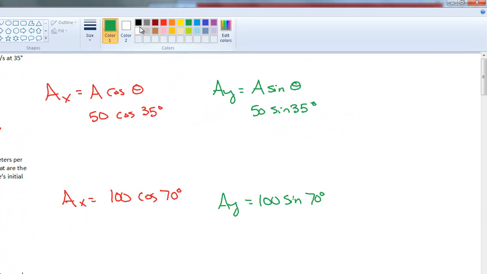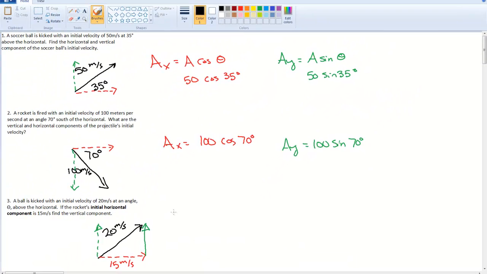So in the end, I can just say that the initial squared is equal to the horizontal squared plus the vertical squared. So 20 squared, that's 400, equals 15 squared, that's 225, plus Ay squared. All right, subtract 225 on each side, and that's going to give me 175.